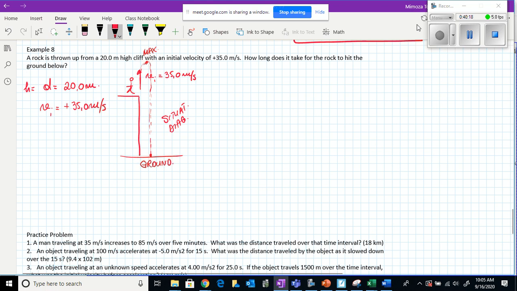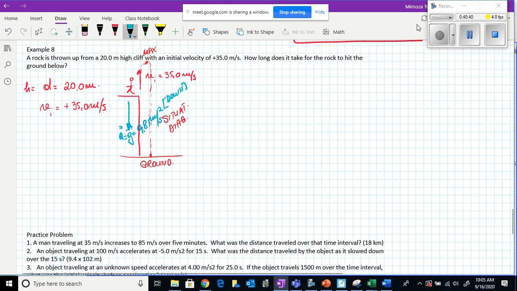But through this motion of the object, what we know is that the acceleration is always going down. So the acceleration is the acceleration due to gravity, which is 9.81 meters per second squared going down.